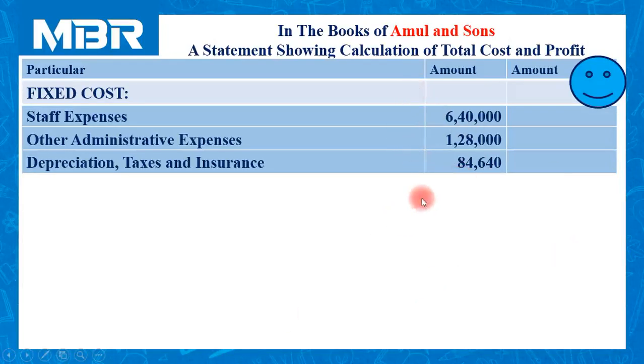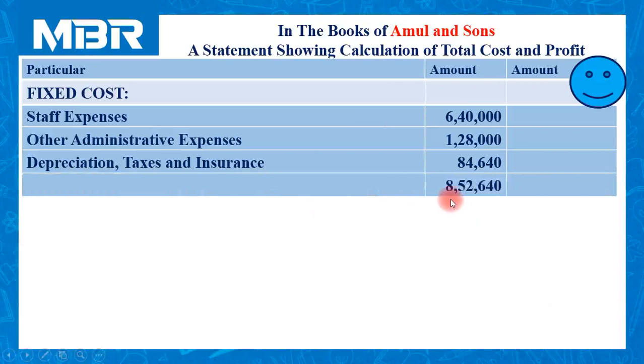All these three items are clearly mentioned by the examiner in the question. So without wasting a minute, directly insert the values in the statement. And the total of the given expenses are rupees 8,52,640.